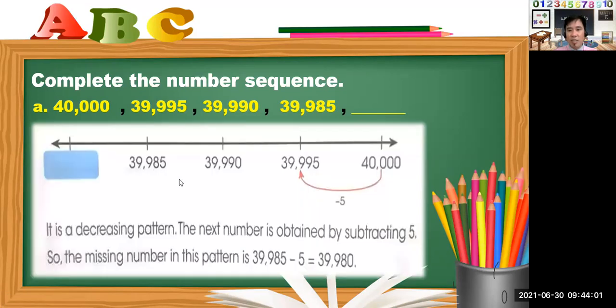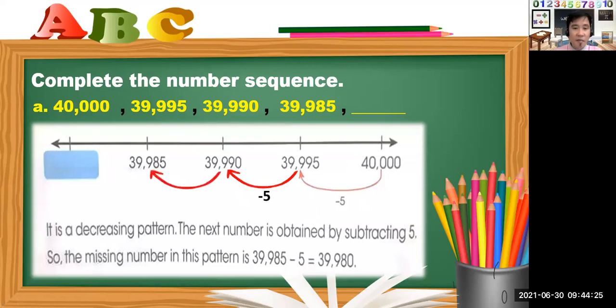So 40,000 minus, as you can see here, becomes 39,995. So that is 40,000 minus 5, only 5. So 39,995 minus 5 becomes 39,990.